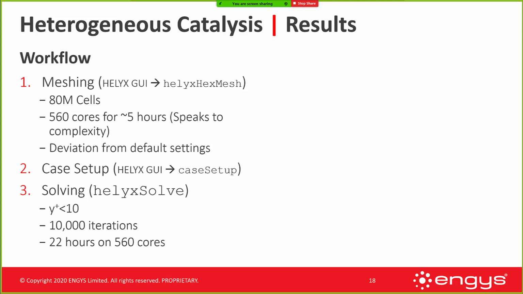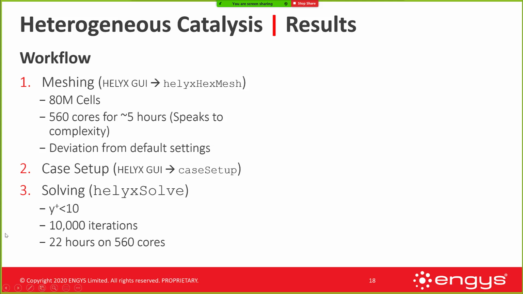And in terms of the overall workflow, meshing was performed. So the meshing was set up inside of the Helix GUI, and execution of Helix Hex Mesh generated an 80 million cell mesh. On 560 cores, this took about 5 hours, and this speaks to the complexity of this domain because most of that time was spent in snapping and layer addition.